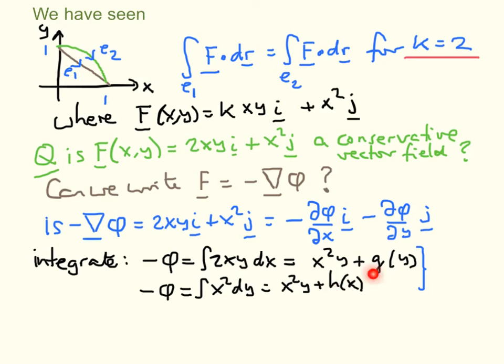So the only solution is that g of y and h of x might just be a constant, so it's something that depends on neither x nor y. So what we see is that minus phi is x squared y plus a constant c.